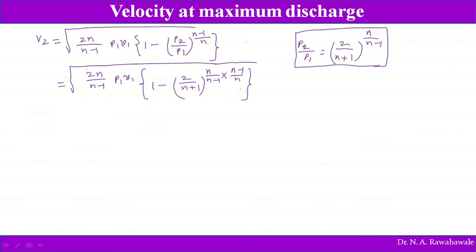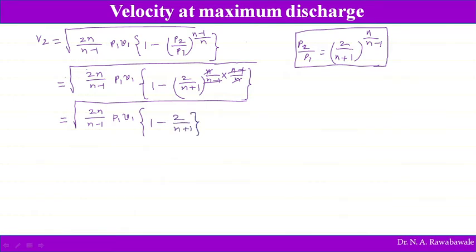So now we can see here n gets cancelled, n minus 1 gets cancelled. Square root of 2n divided by n minus 1 p1 v1, in this bracket 1 minus 2 divided by n plus 1 is going to remain.